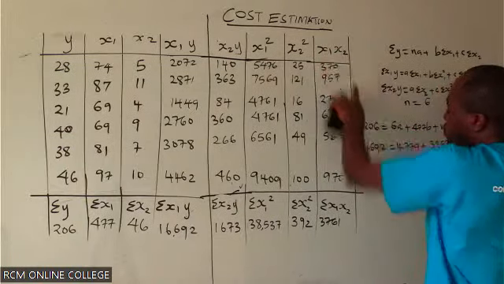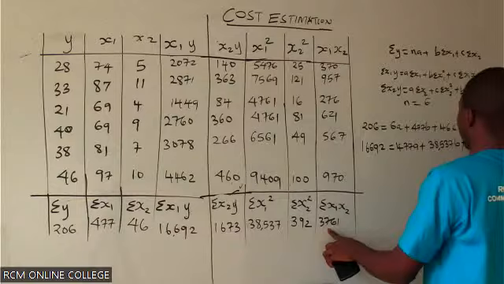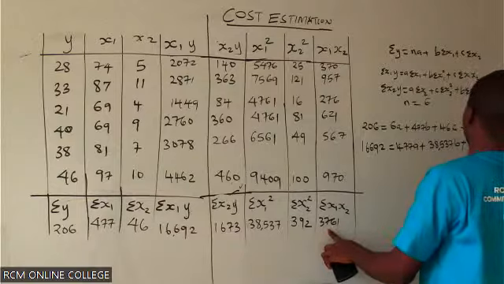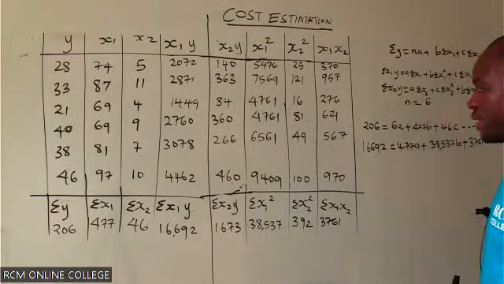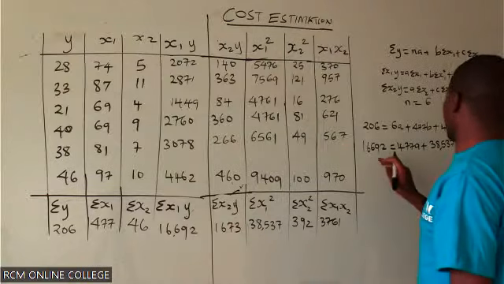The summation of x1, x2 is 3761, C. That is function number 2.